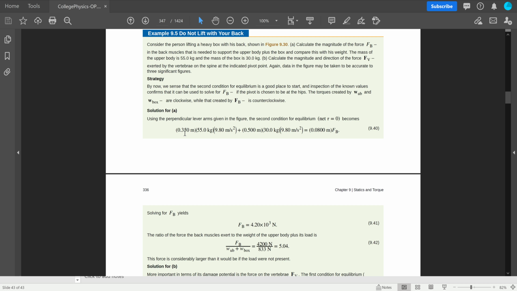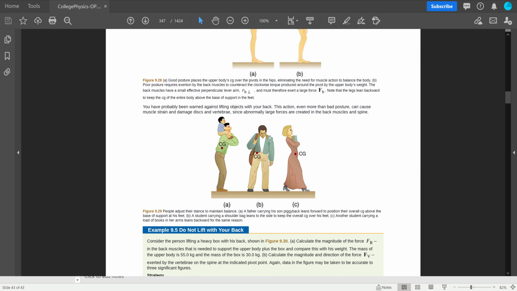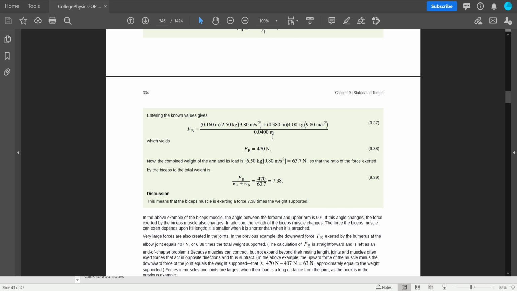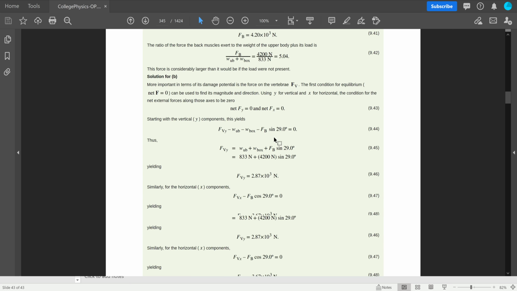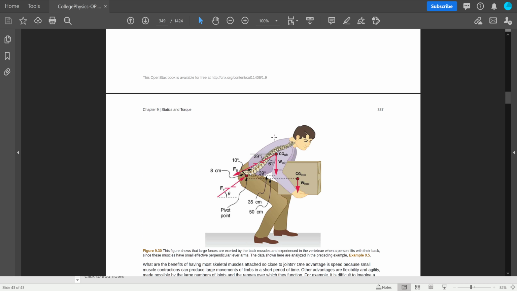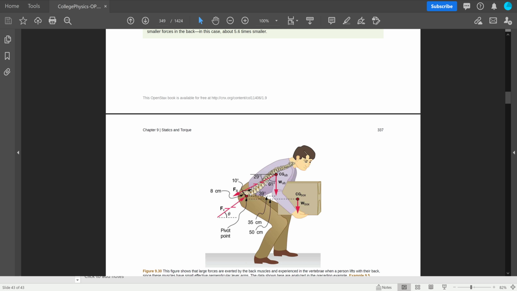We have 0.35 meters times our 55 kilograms, 55 kilograms being the upper body here.